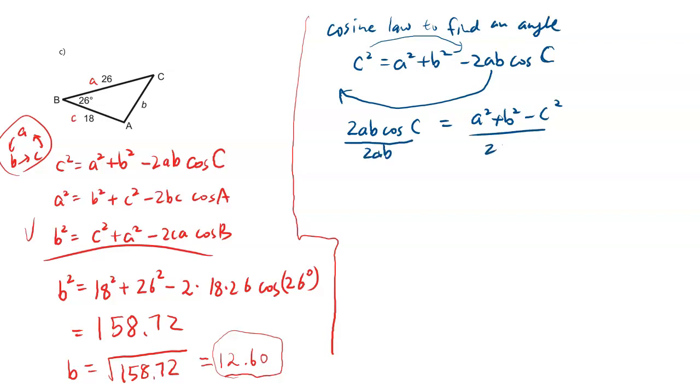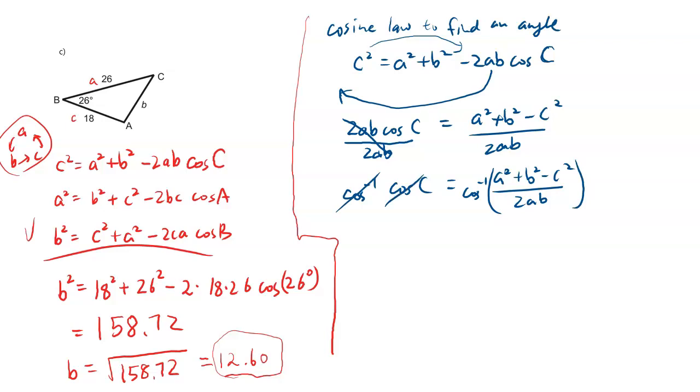So all of these will be divided here, so they go away, and then you have cosine c. And then finally you apply the cosine inverse to both sides. Cosine inverse is the inverse function of cosine, so they just cancel each other. When you compose an inverse function with a function, they cancel.